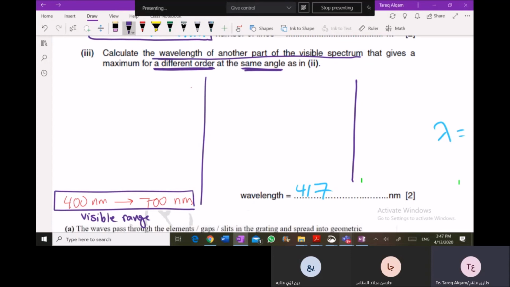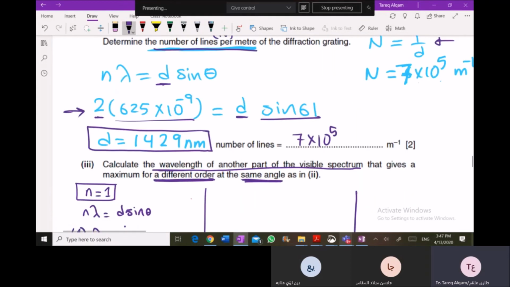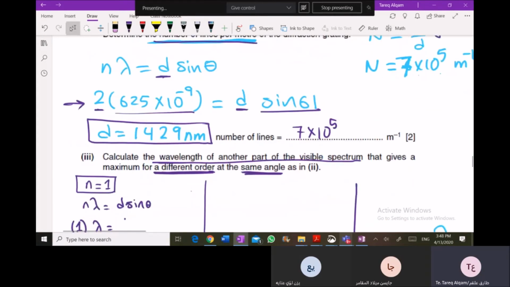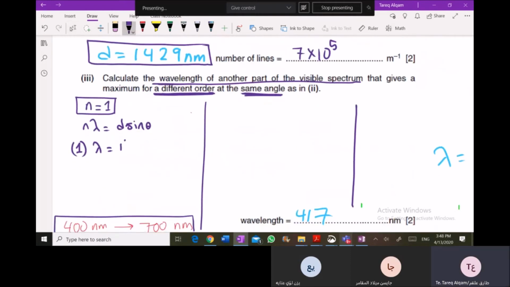That is in the visible range. So I will start with n equals 1. I will vary the order. I will use this equation, n lambda equals d sine theta. 1 is the order, lambda I want to find. d does not change here because I used the same diffraction grating. d is 1429 times 10 to the power minus 9, times sine 61.